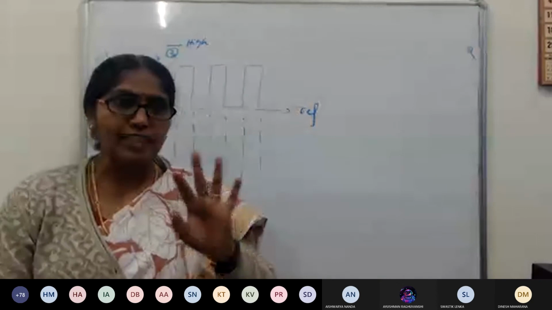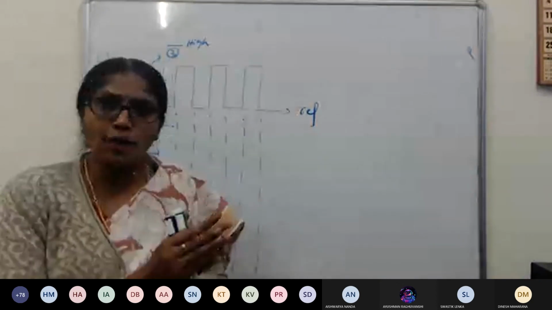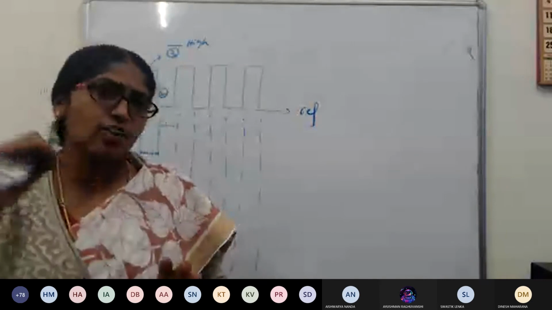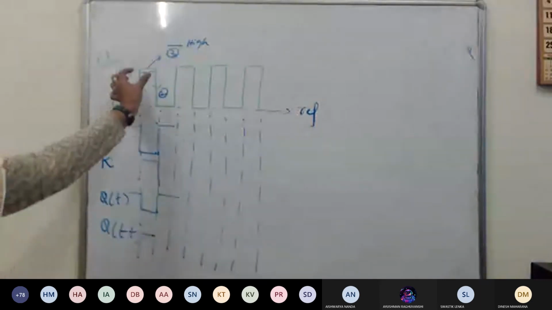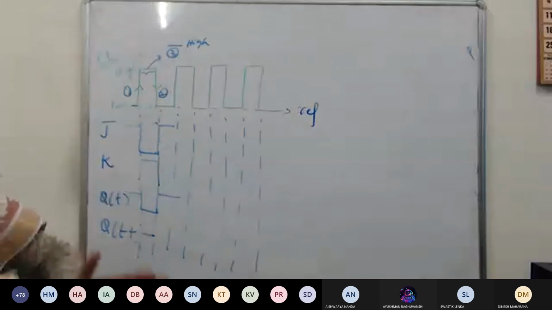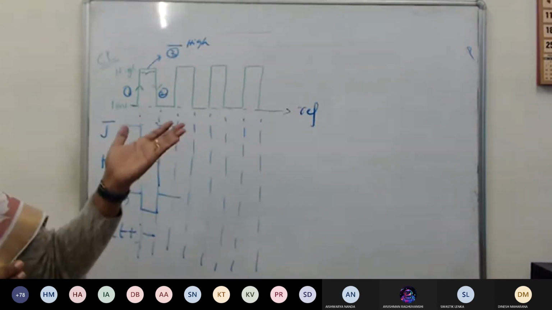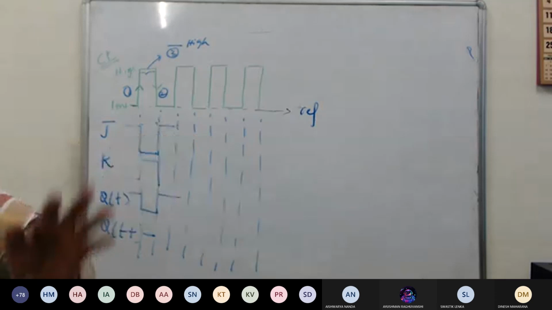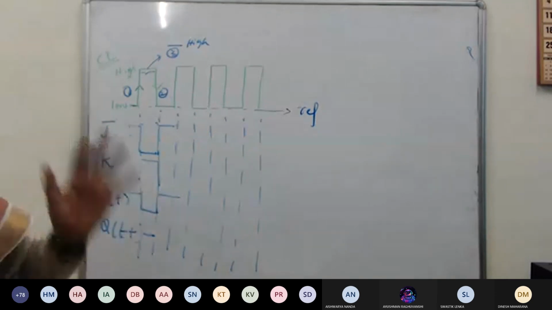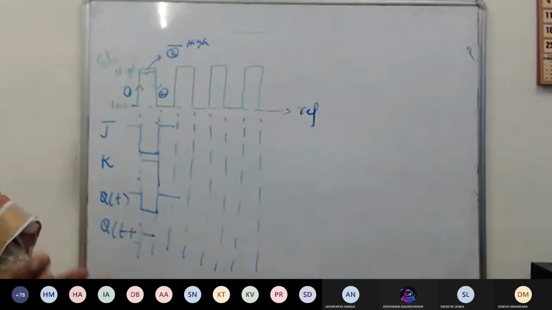So I will say there are 2 types of operation. One is edge operation, the other is standard operation. Standard means we are using the flat surface, whereas edges are either low to high or high to low. A low to high edge is a positive edge, and the other is a negative edge. So we can have circuits working on flat levels or edge levels.